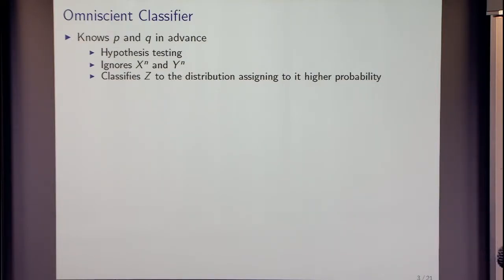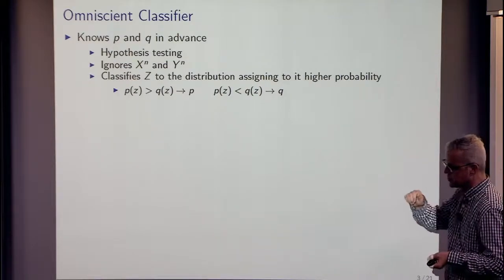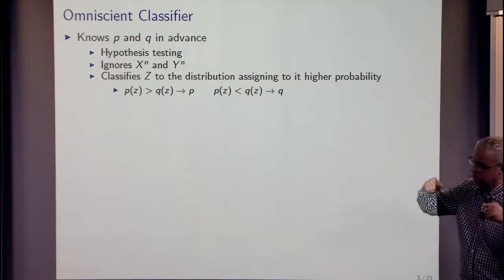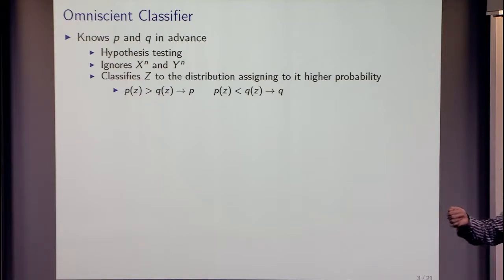If P of Z is bigger than Q of Z, then we'll associate it with P. And if P of Z is less than Q of Z, we'll associate it with Q. Is everyone 100% okay with this? Right. If you knew the two distributions, and you assume the two hypotheses are equally likely, then you look at which one assigns more probability to what you observe, and that's what you should do. Okay, that is kind of clear.